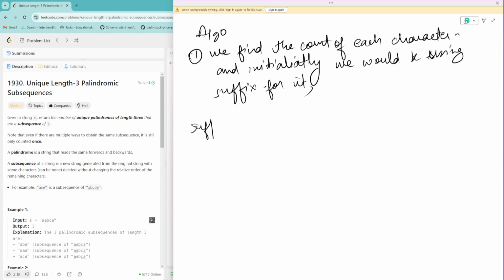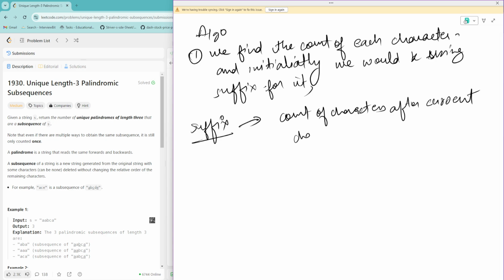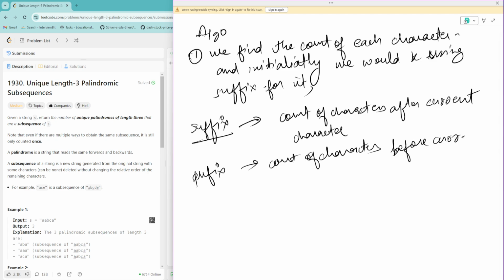Suffix is to basically manage the count of characters after the current character. The prefix array would have the count of characters before the current character. And we try to maintain this.